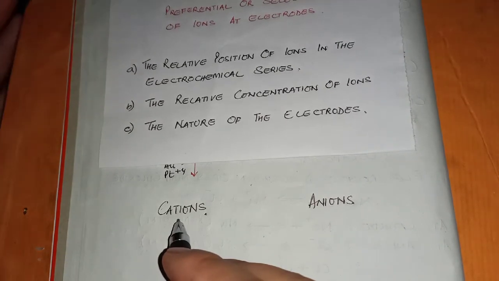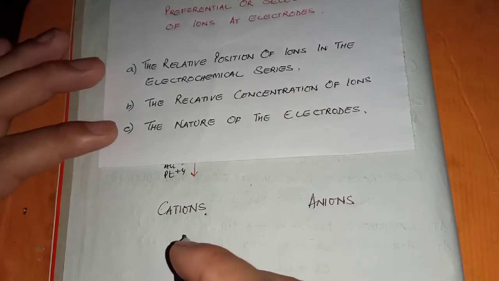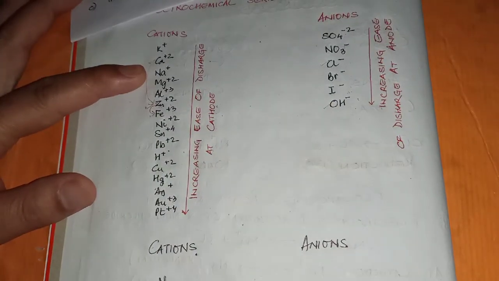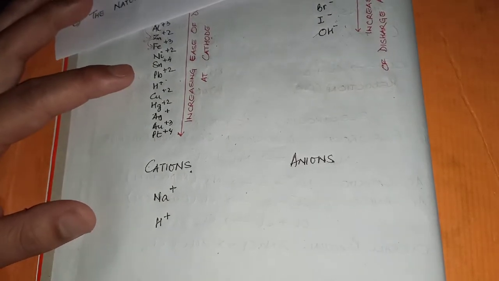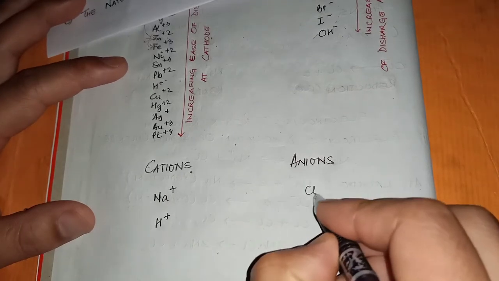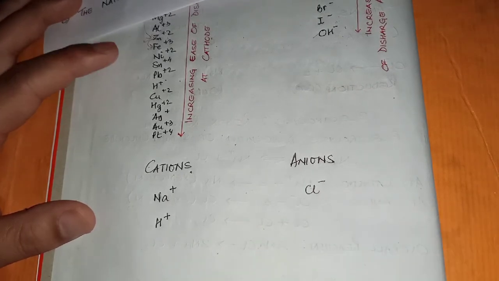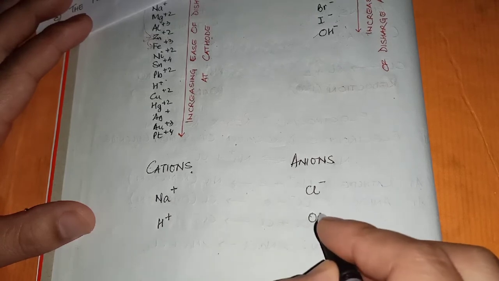Now say suppose we have two types of cations. Let's say, from the list, we select sodium cation and hydrogen cation, sodium and hydrogen. In the same way, let's say we have chloride anion and hydroxide anion.